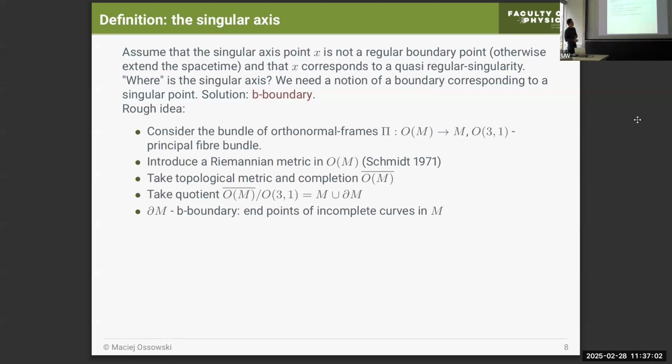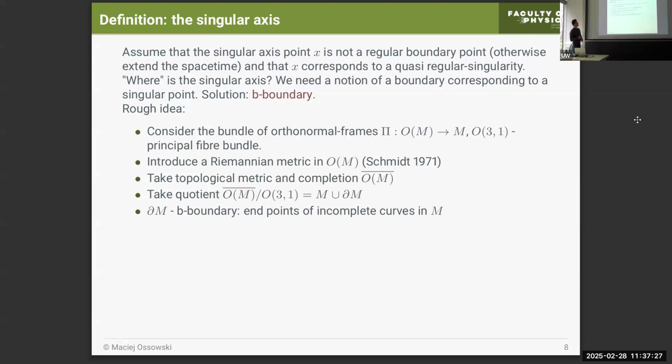And this is probably the most technical part of this talk. However, I will just roughly sketch what the b-boundary is, and we don't actually use it explicitly in any of our calculations. So we want to somehow identify the endpoints of non-extendable curves.